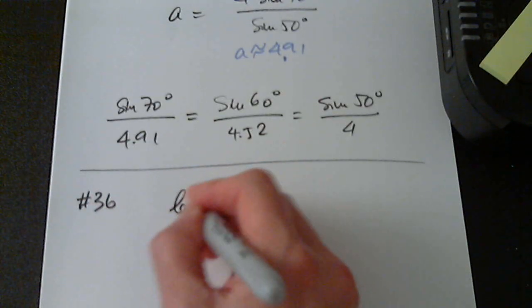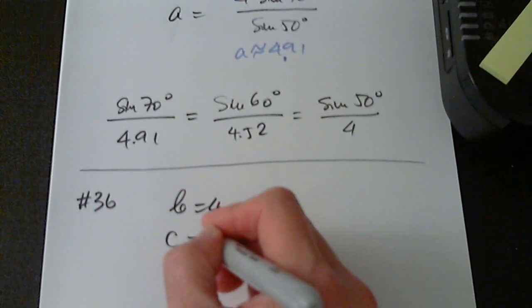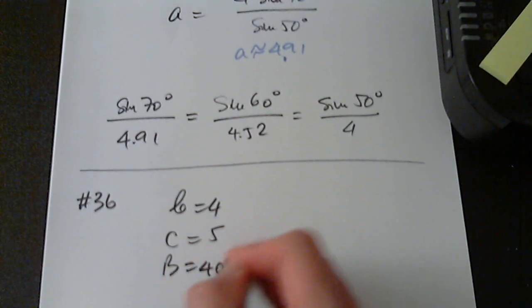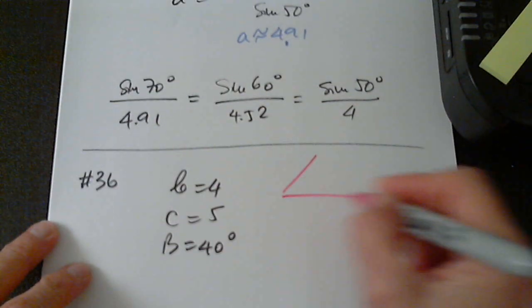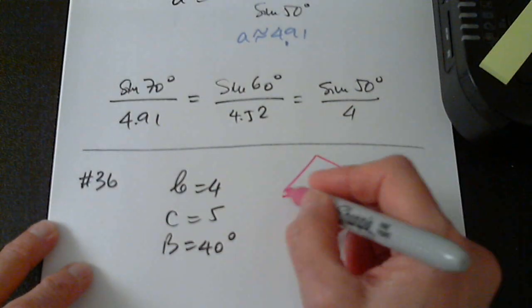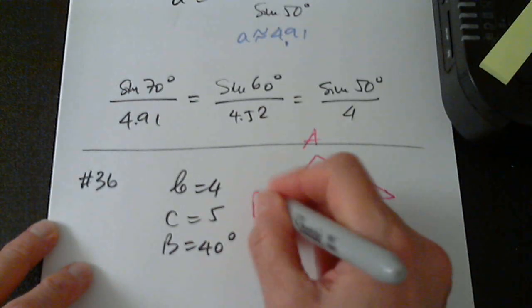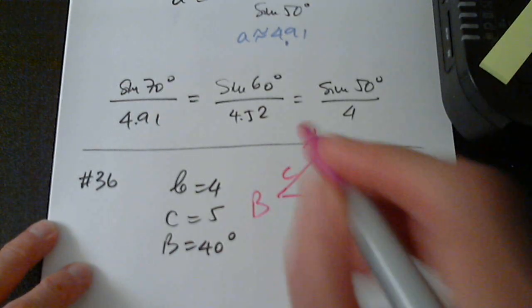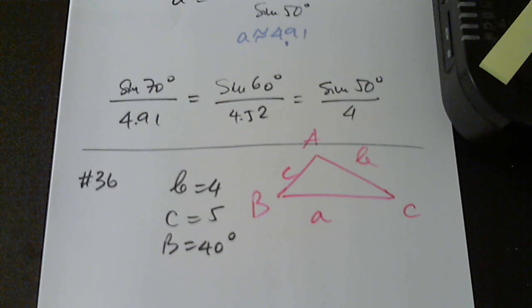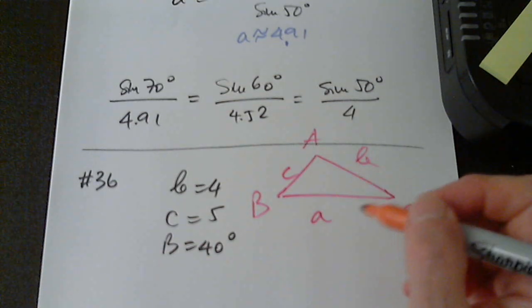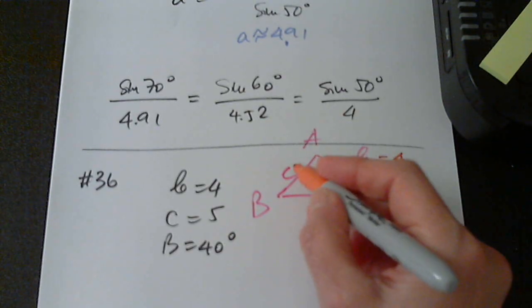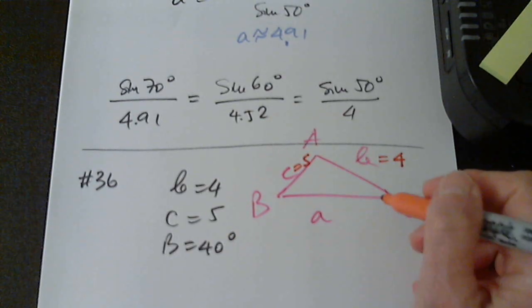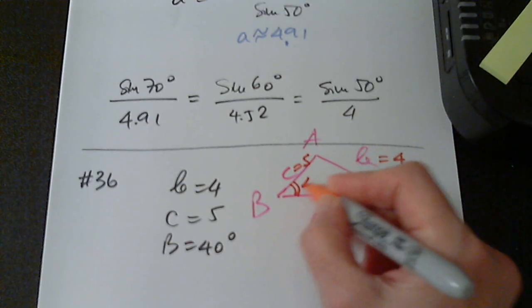In 36, we have b equals 4, c equals 5, and B equals 40 degrees. Perfect. I don't know what this is till I picture the triangle. I put the correct notation. So b is 4, c is 5, and B is 40 degrees.